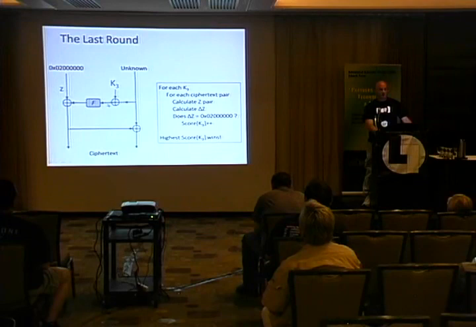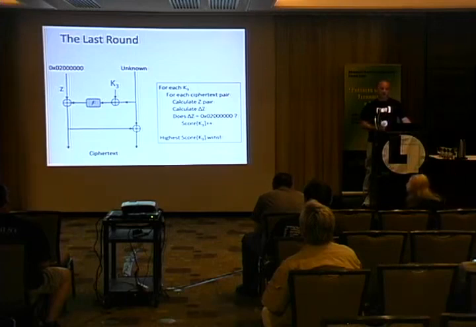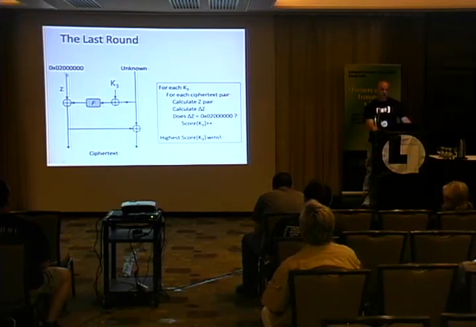You send the result through the F-box into this XOR. You XOR it with the left side of the ciphertext, and you get Z. Z is this pair of numbers you've been tracing through. You calculate their difference. You just XOR them together. If that delta Z is equal to the 2, then there's a good chance that K3 you guessed was correct. And there's a little pseudocode on the right.